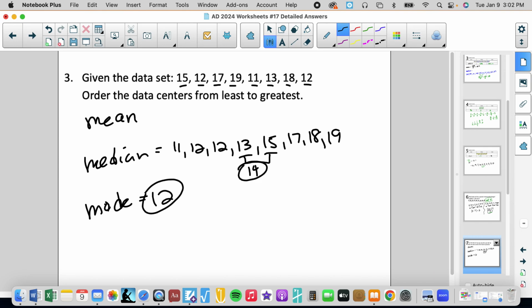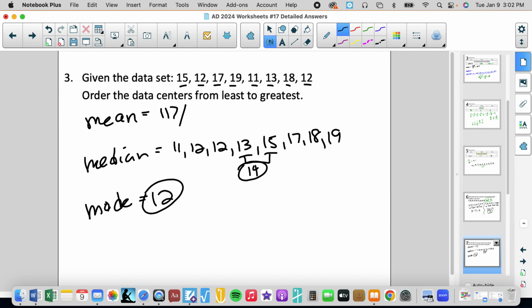12 is the mode, and the mean, we're going to use our calculator again. Oh, I got 3 minutes. 15 plus 12 plus 17 plus 19 plus 11 plus 13 plus 18 plus 12 gives me 117 divided by 8, right?